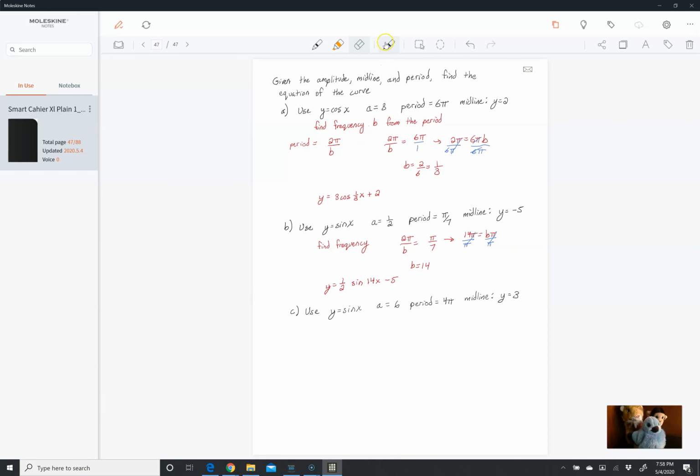Okay, so what do we have to do? Again, we have to find frequency. That's done from the period, right? The period is 2 pi over b. And our period is equal to 4 pi. And once again, we would write it as 4 pi over 1. So we cross multiply.